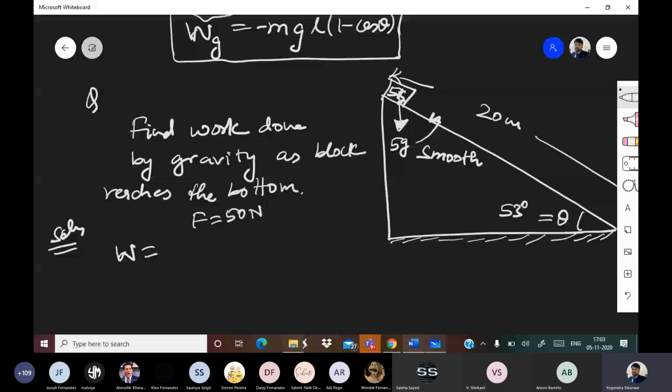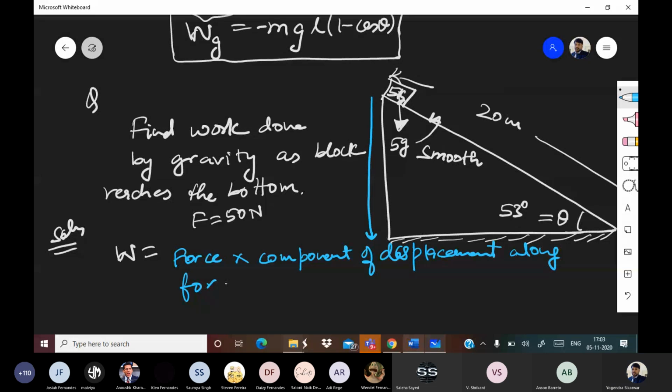So force into component of displacement along force. That is 50 into 20 cos 37, since if this is 53, this will be 37.